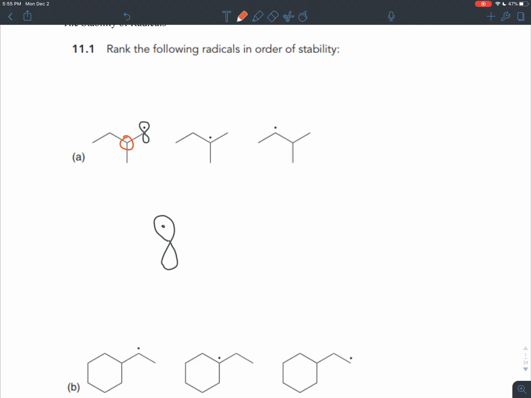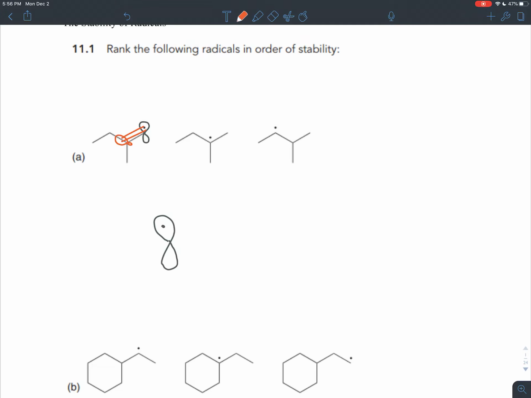This carbon is sp3 hybridized, and what that means is it has 4 sp3 orbitals arranged tetrahedrally in space. Now, 3 of them don't align with this p orbital at all, but one of them has an sp3 orbital that exists almost at a diagonal, where one of the lobes overlaps with one of the lobes in the p orbital.